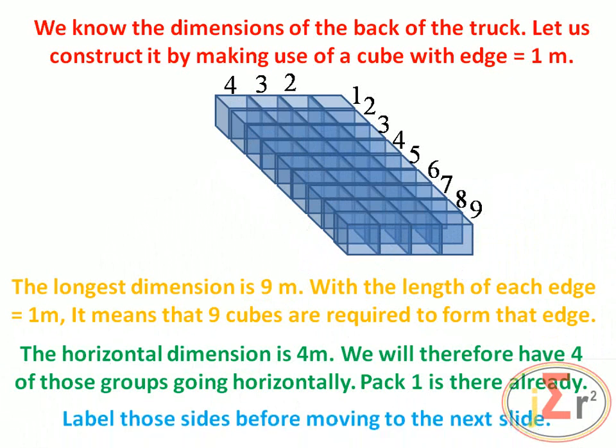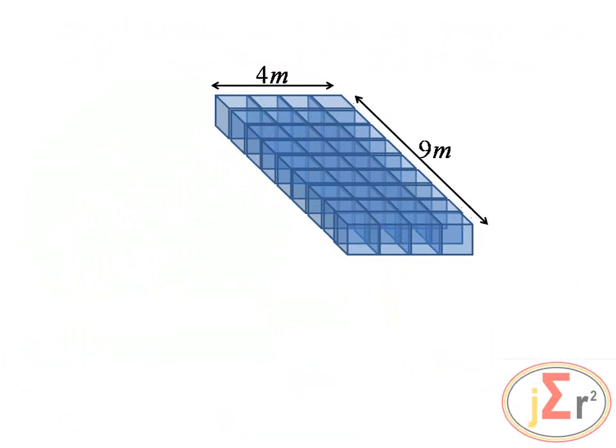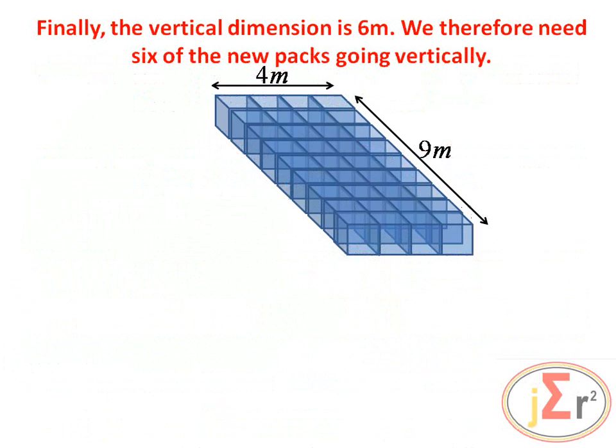Then we will finish up by going in the vertical direction. But before we do that, we will insert the dimensions that we have there. 9 meters, 4 meters. Finally, the vertical dimension is 6 meters. We therefore need 6 of the new packs going vertically.